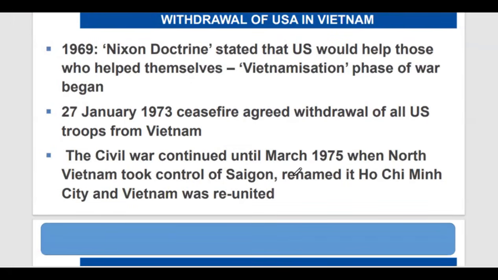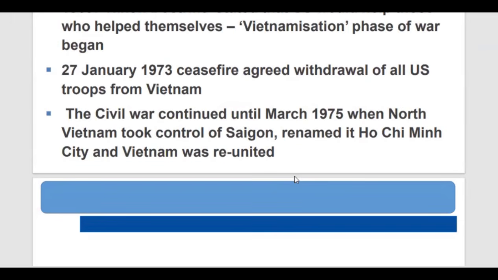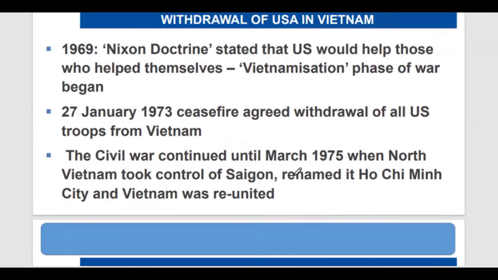The Vietnamization, we had talked about that when President Nixon decided to withdraw from Vietnam. And apparently there was that issue of Vietnam getting united. So it says 1969, Nixon's doctrine stated that the U.S. would help those who helped themselves.